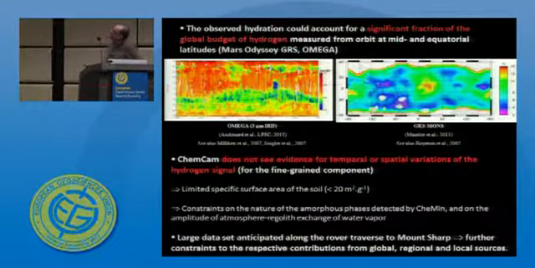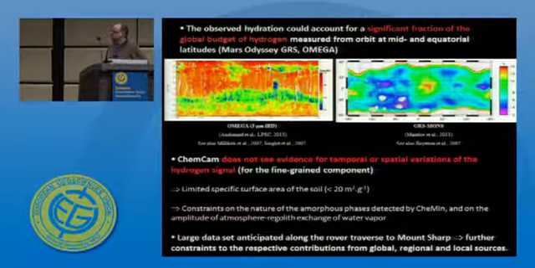The observed hydration could account for a significant fraction of the global hydrogen that has been observed by OMEGA, for example in the 3 micron band absorption depth, or by the GRS neutron detector. ChemCam does not see evidence for temporal or spatial variation of the hydrogen, and this means that we have a limited specific surface area of the soil, inferior to 20 square meters per gram.